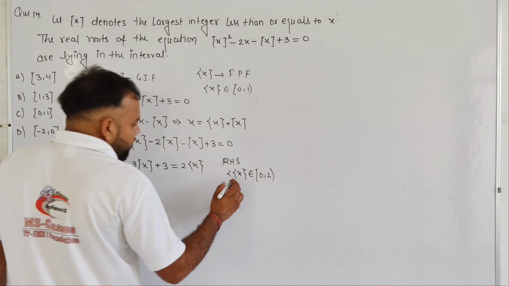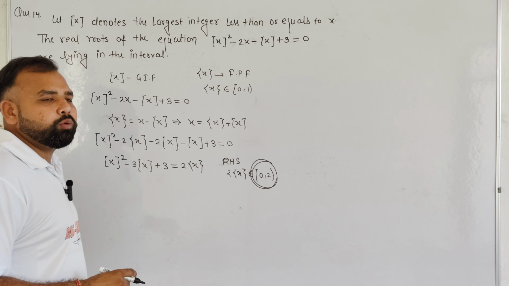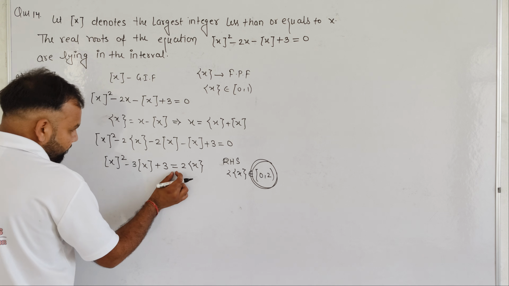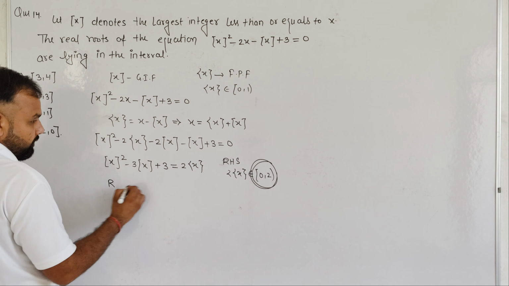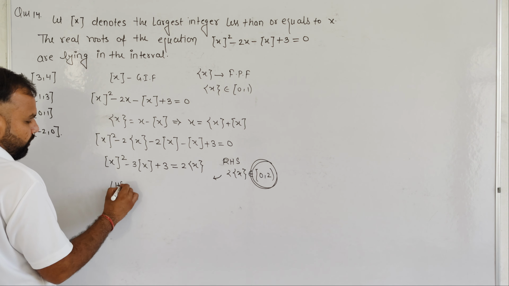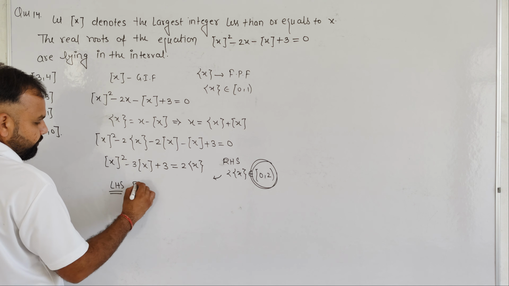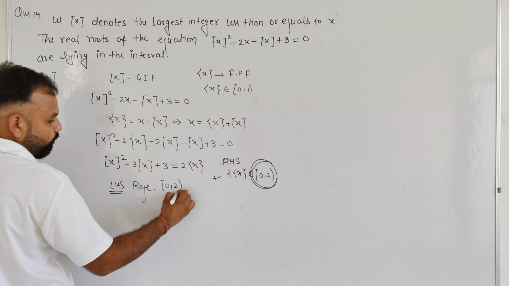So the range of the right hand side is [0, 2), and by equality the left hand side also has range [0, 2).